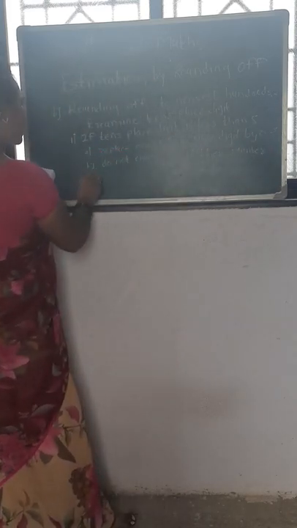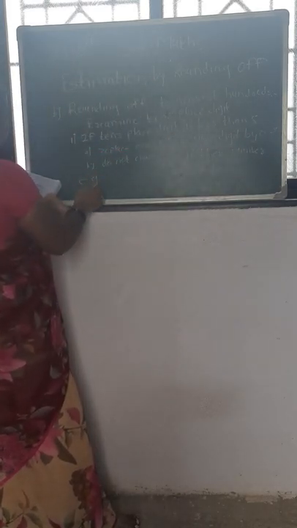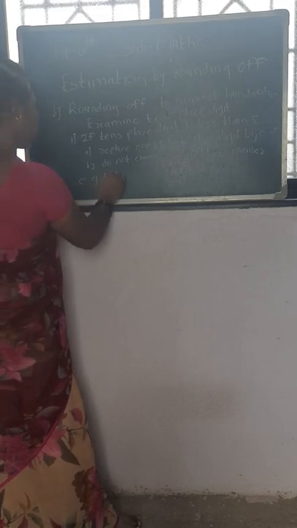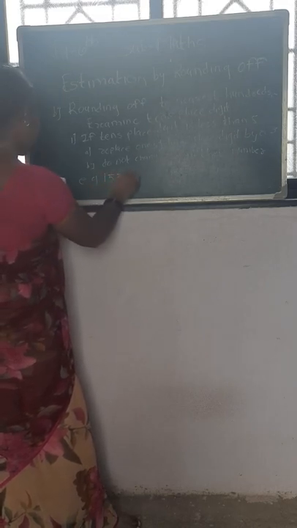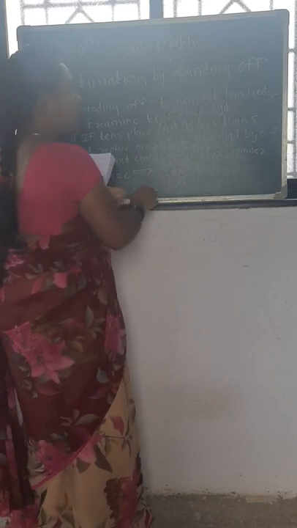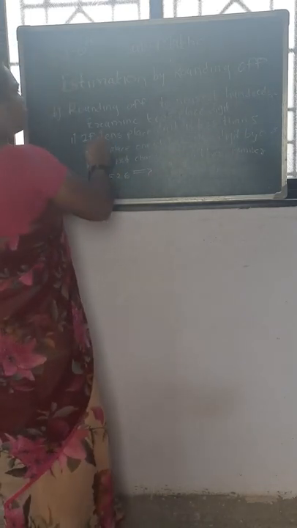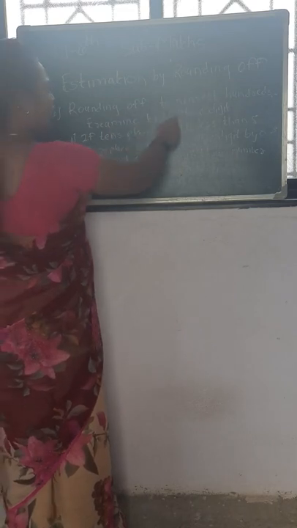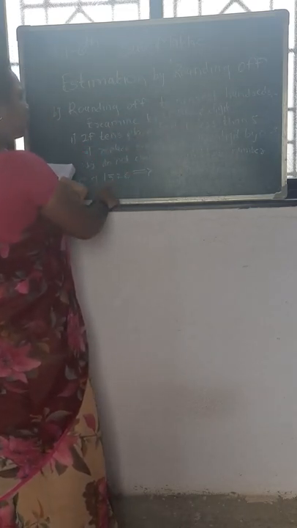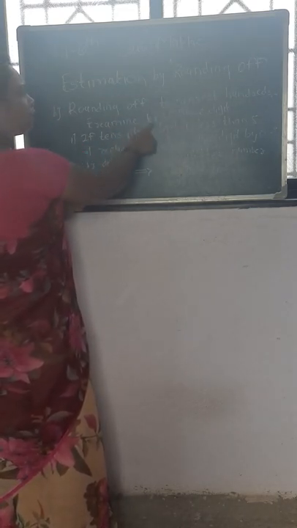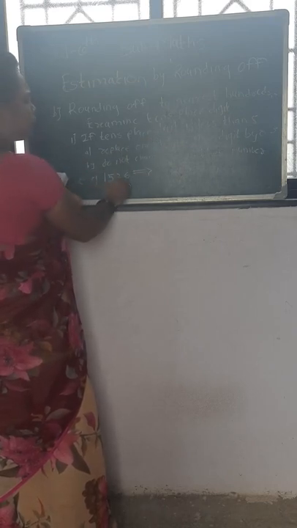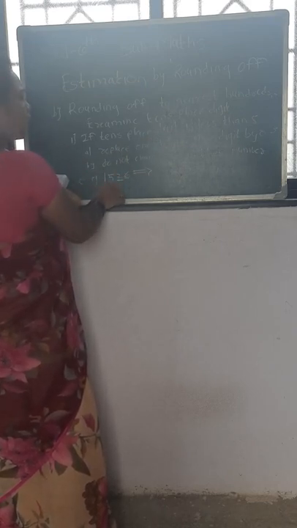For example, we have 1526. We have to find the rounding to the nearest hundreds. We examine the tens place digit. The tens place digit is 2, that is less than 5.